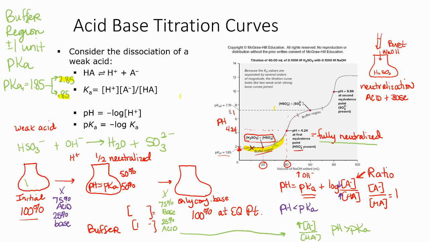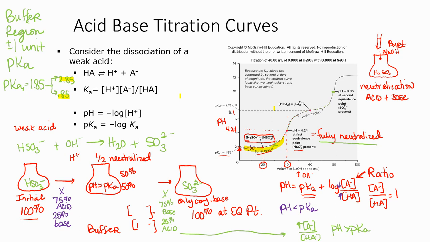So initially, as we keep adding base past the first equivalence point, here we go. Adding base, adding base, adding base. Keep going. And then we'll hit the second equivalence point. At the second equivalence point, we only have sulfite ion, 100% conjugate base.